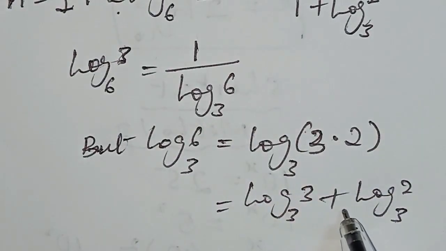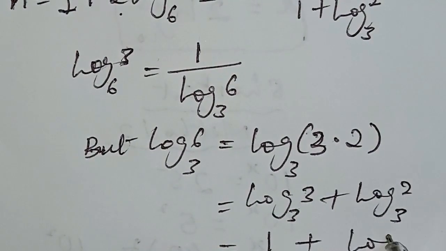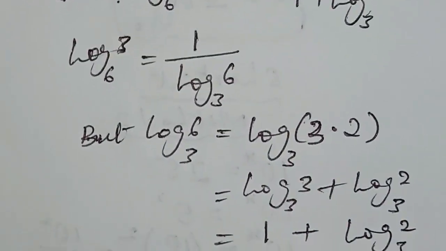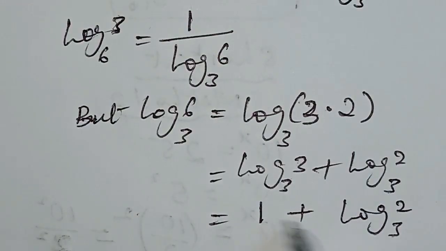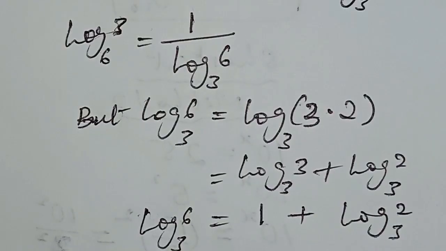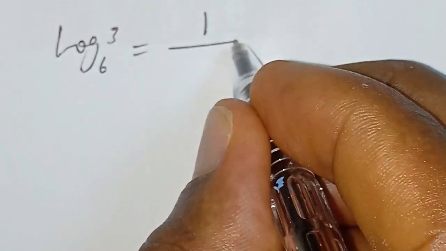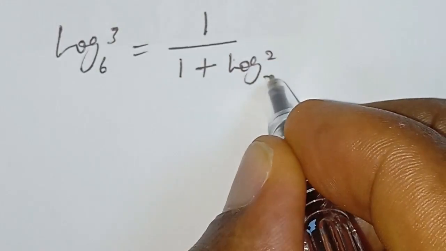Log 3 base 3 is equal to 1, so we now have 1 plus log 2 base 3, and this we are proving is equal to log 6 base 3. So our log 3 base 6 is now equal to 1 over 1 plus log 2 base 3.